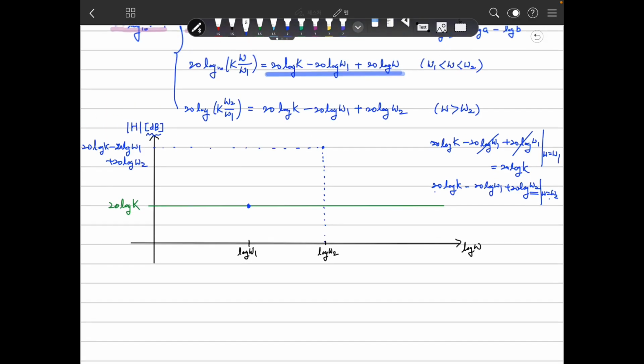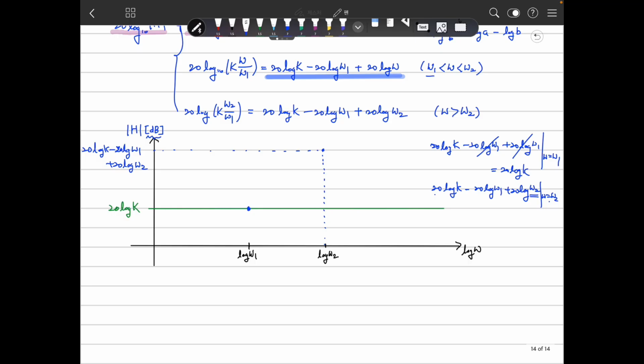So we have two points between omega 1 and omega 2, and this is against log omega, so this is a straight line, and the figure looks like that.